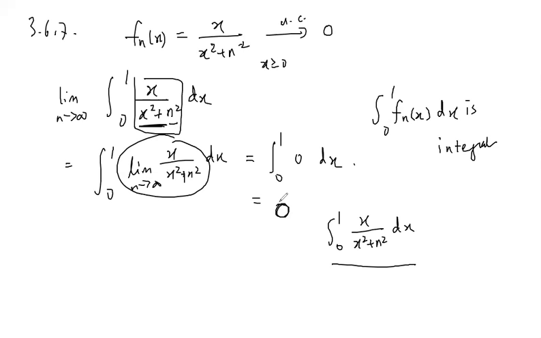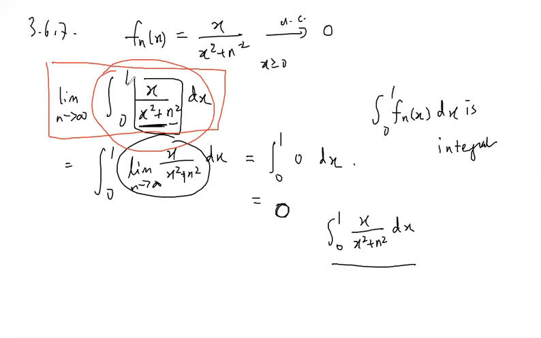Then I have a remark here. If you don't have any concept of uniform convergence, when you are faced with this sort of limit of this integral, you would have to do this integral first and then only take the limit. So if you take this integral, this is equal to the following.